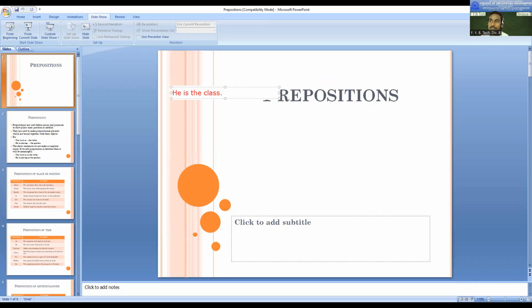No, sir, not complete. Something is missing. So how can we make it complete? What can you put here? He is in the class. If you put something here, let's say "He is in the class," in that case it makes complete sense. So it is important that we use prepositions correctly, and we are going to see the use of some of the prepositions in this session.